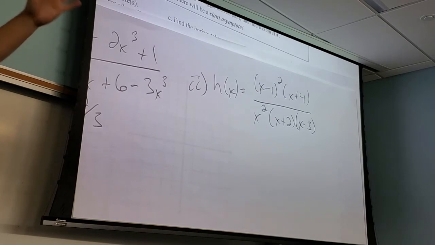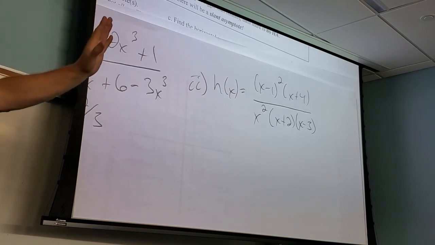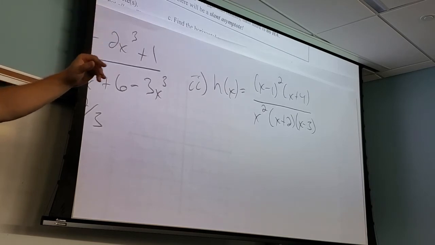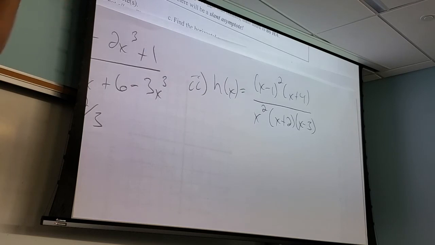1 and -4. X-intercepts are what make the fraction 0, and the only way a fraction can be 0 is if the top is 0. So when I say x-intercept for a rational function, you just care about the top, right? So 1 and -4. What's it going to do at 1? Turn. It's an even multiplicity.